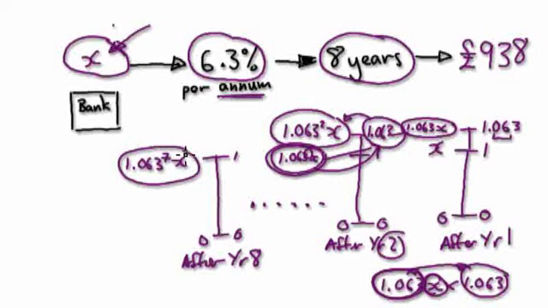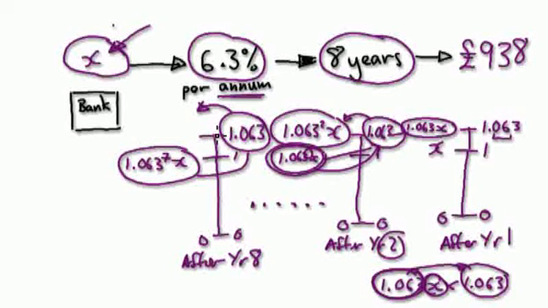Then at the end of year 8, you've got to get 1.063 times this thing here, and then it would give us this. Let me erase this bit.